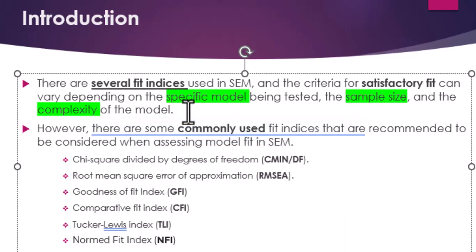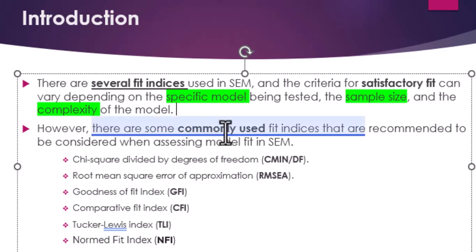What we are saying is there are different fit indices, and they vary depending on the specific model being tested. They vary based on the sample size, meaning that they are affected by the sample size, and they are also affected by the complexity of the model being tested.